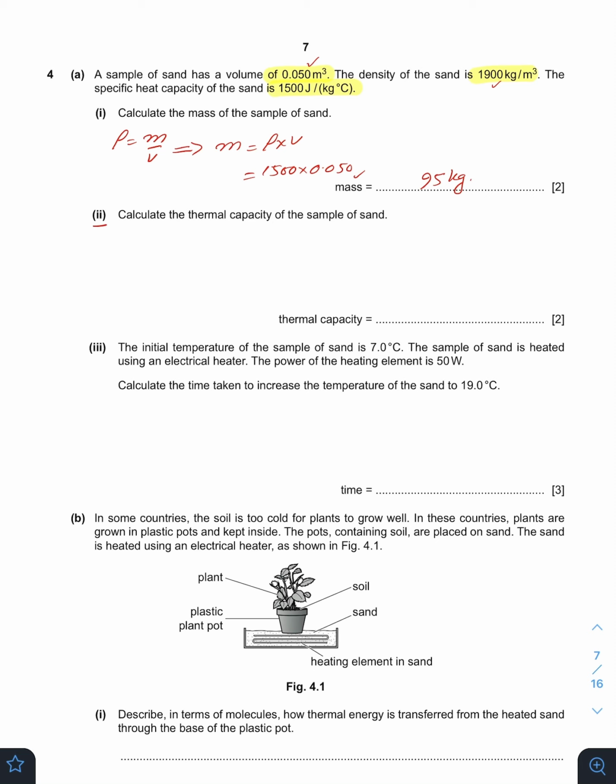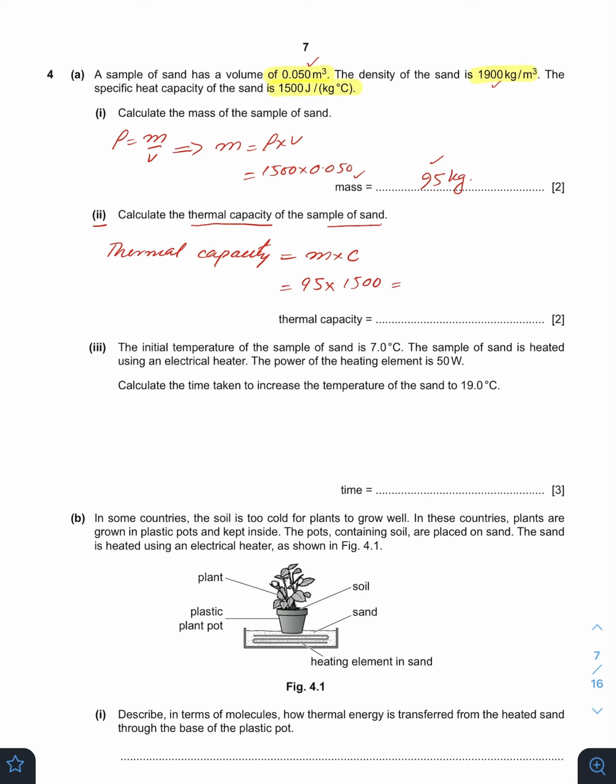Part two, calculate the thermal capacity. So thermal capacity of the sample of the sand, we know that thermal capacity is equal to M into C, specific heat capacity. So mass we just calculated, that is 95, and C is given in the question, 1500.